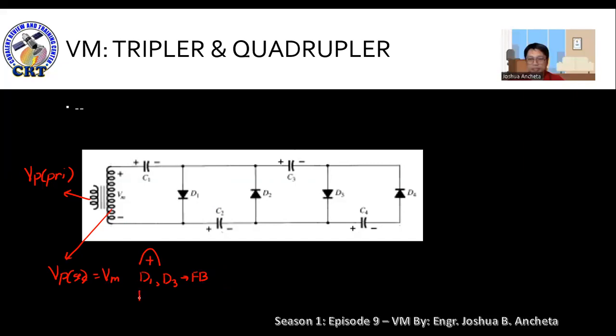While D2 and D4 are reverse bias. So therefore, what will happen here, we have a closed circuit here, okay?